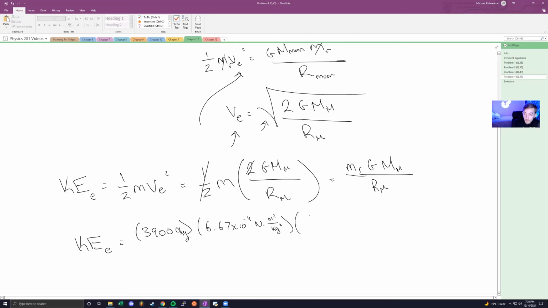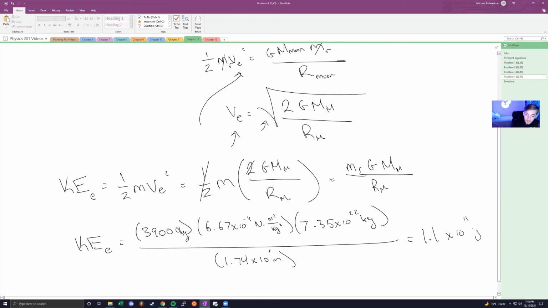Mass of our moon, which is going to be 7.35 times 10 to the 22nd kilograms. And we're going to divide that all by radius, which is going to be 1.74 times 10 to the 6th meters. And we get that this whole kinetic energy turns out to be 1.1 times 10 to the 11th joules.